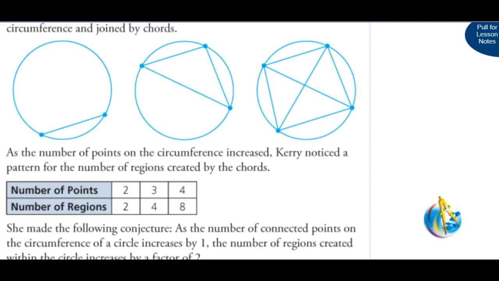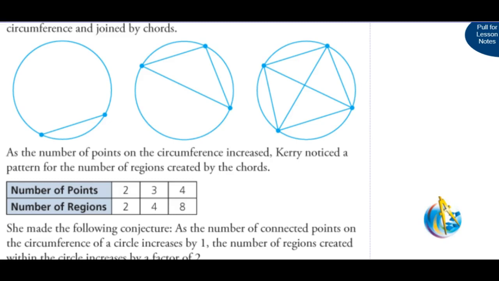Okay, so then the next one, if we had 6 dots, it should be, yeah. But with our conjecture that we made, it should be 32, right? If it's doubling. But if you actually drew it out, it's not 32 at all. It's actually 31 regions.